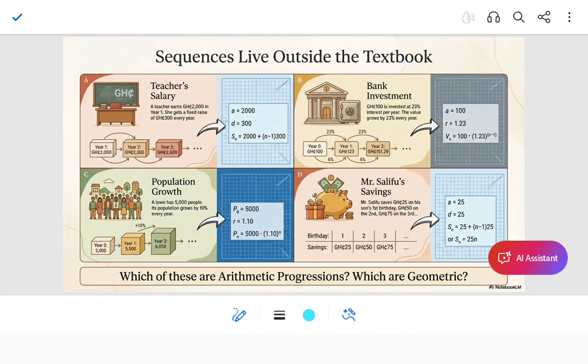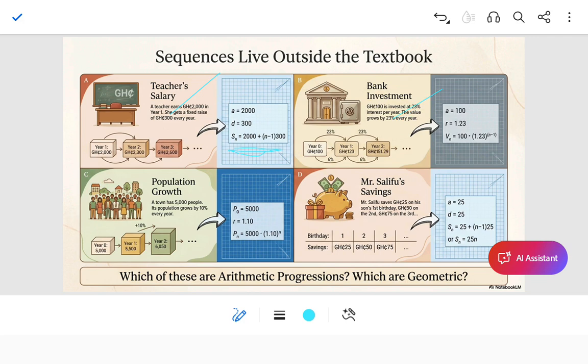You could see from here that salaries, when you are given this scenario, you can work it out. Bank investment.